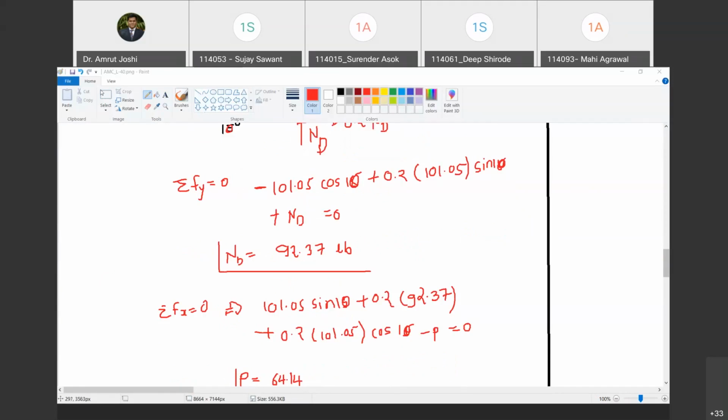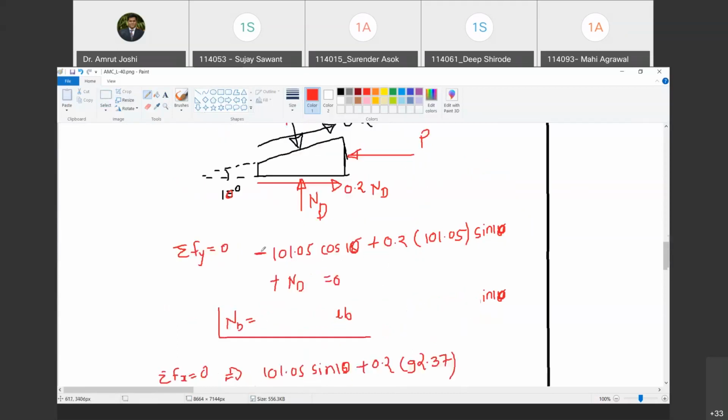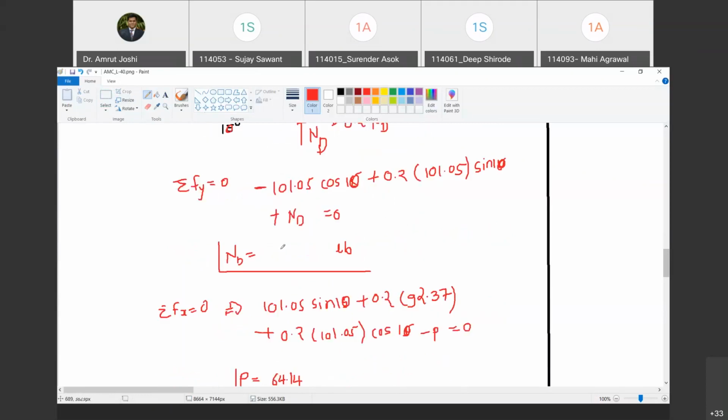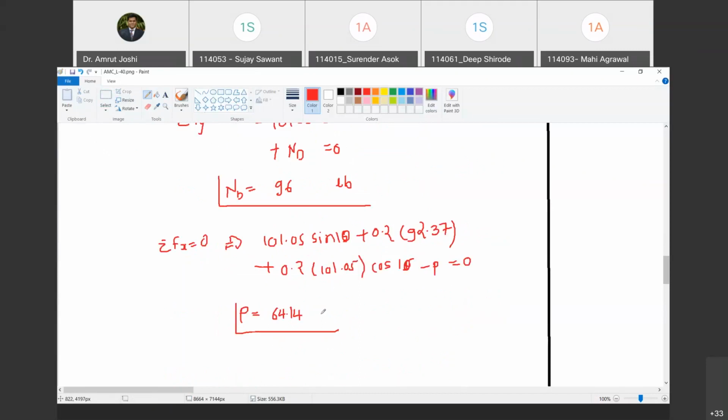So what will be ND? So ND is equal to 96. And now what will be the value of P? That you should tell me.